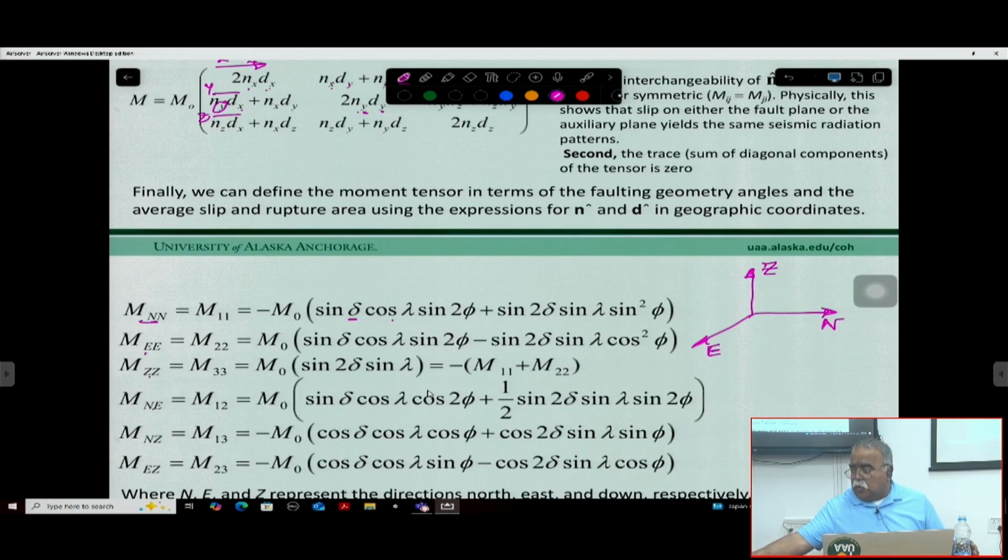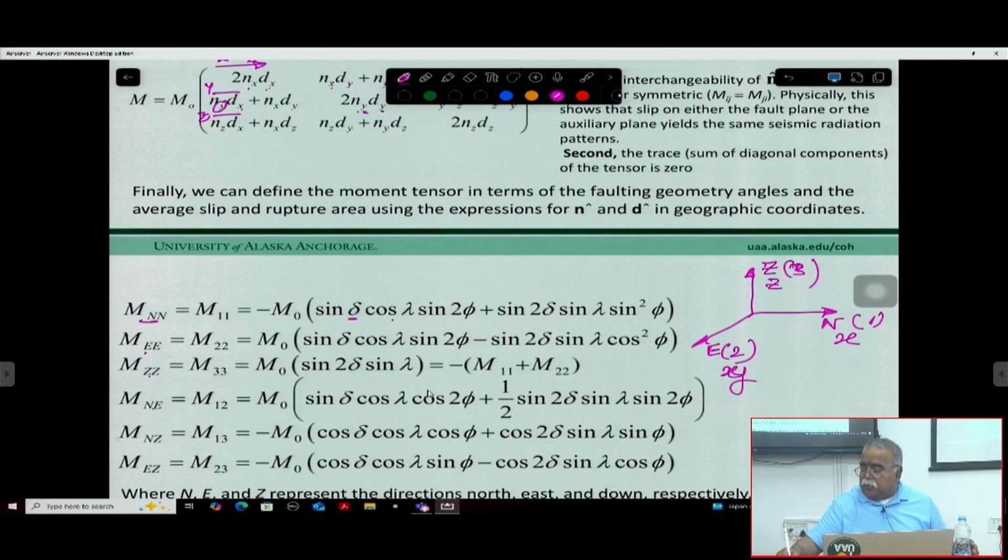So this is your 1, 2, and 3. Whatever I was writing 1, 2, 3, or it might be the x, y, and z. This is your x, this is your y, and this is your z. So that way we can write Mxx, M11 means n, M22 means e, M33 is the g, and then 1, 2 is ne, and so forth.